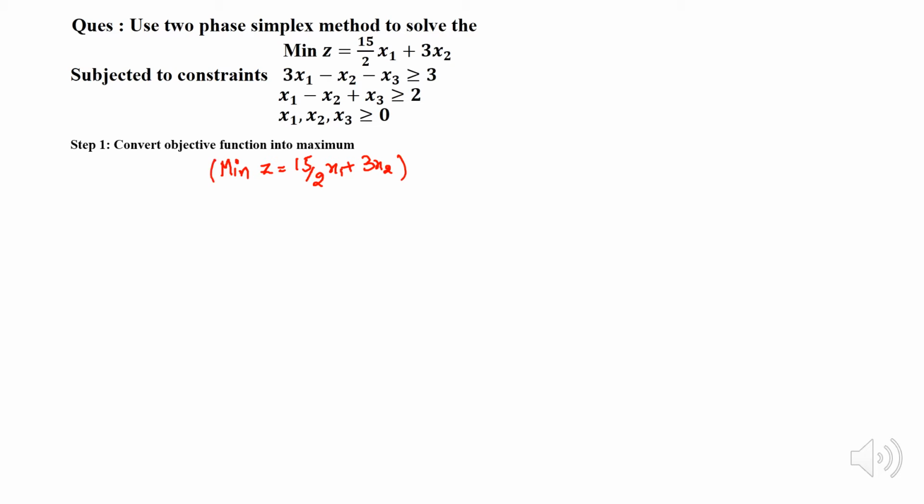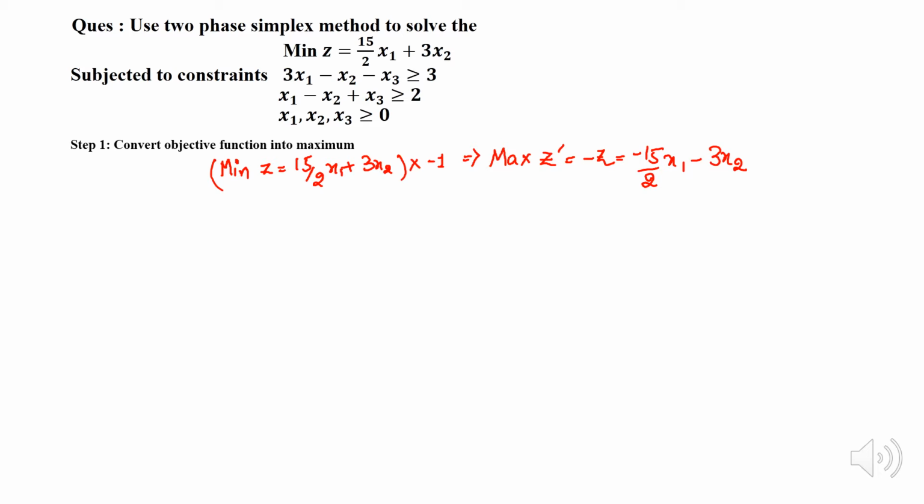Okay, so that's my objective function. Multiply with -1, you will get the objective function in the form of maximization, where I am having a new function z dash, which is equal to negative of z, which is equal to minus 15 by 2 x1 minus 3 x2. Okay, so that's my new objective function.